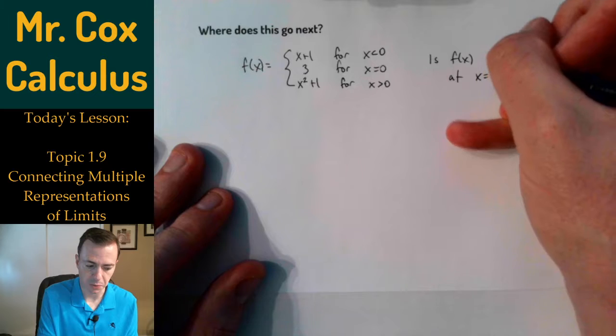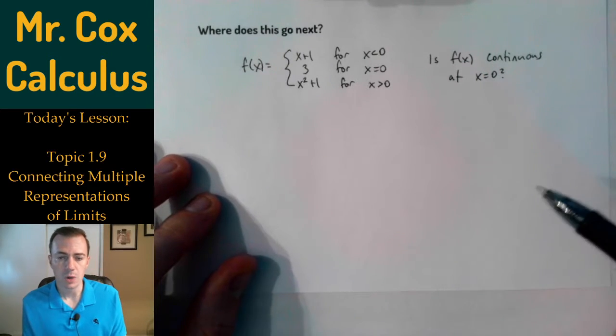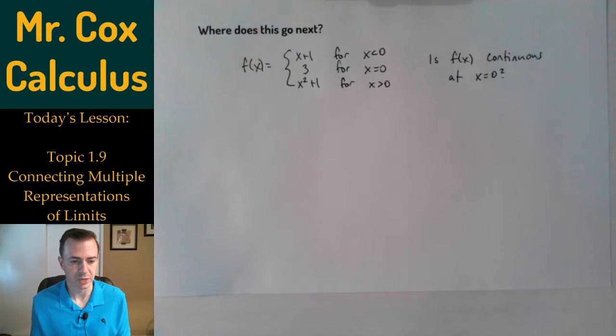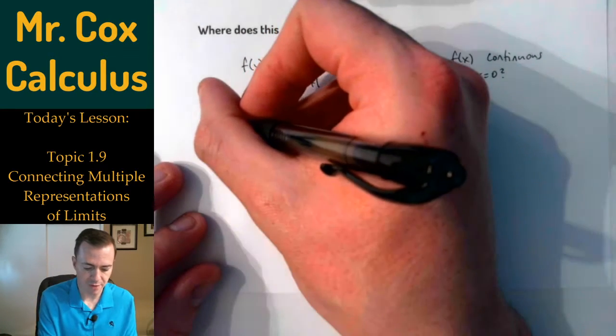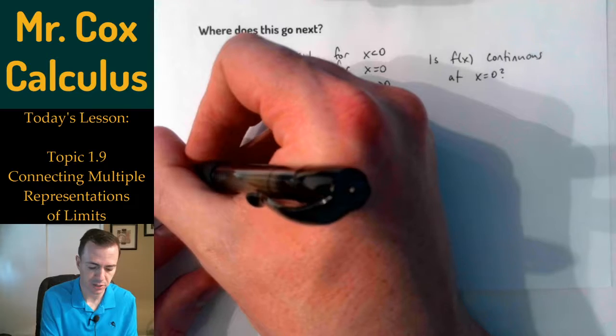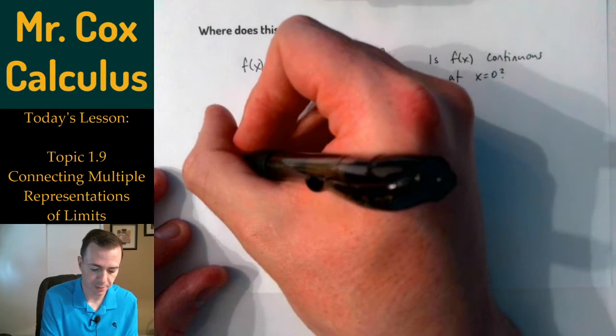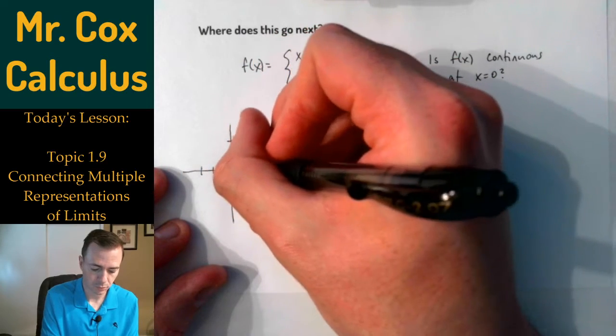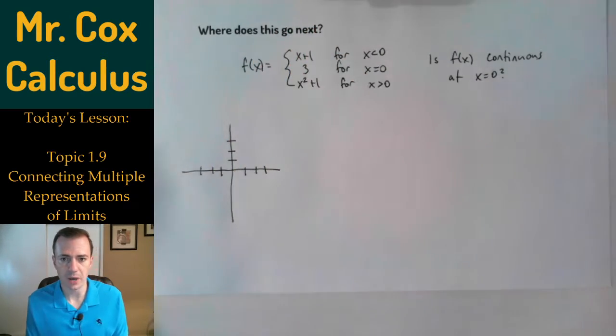at x equals 0? Well, in order to really visualize this in terms of what we know right now about continuity, let's go ahead and draw a graph of this function again, just to remind ourselves of what this looks like. It's the piecewise function.